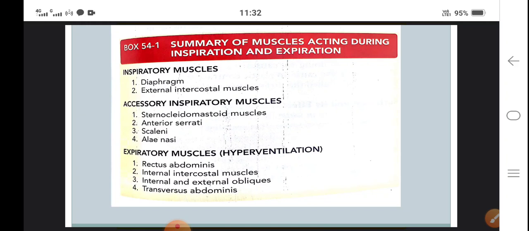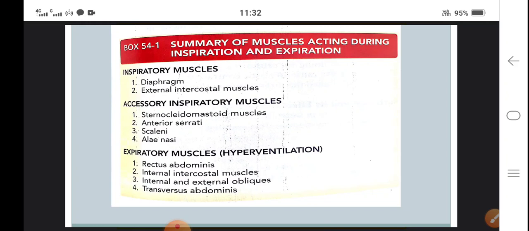Along with it, a few accessory inspiratory muscles also contract during inspiration: the sternocleidomastoid muscles, anterior serratus muscles, scalene muscles, and levator muscles.